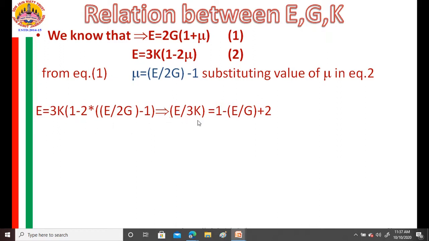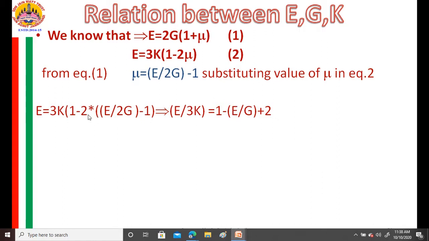E by 3K, what is left out here is 1 minus 2 into (E by 2G minus 1). Now carry this 2 inside. What are you going to get? Minus 2 is there. First term if you take inside, that is minus 2E by 2G. 2 will cancel out, left out is minus E by G.